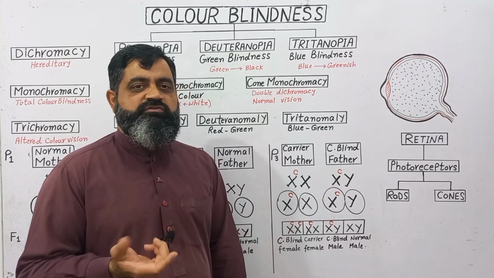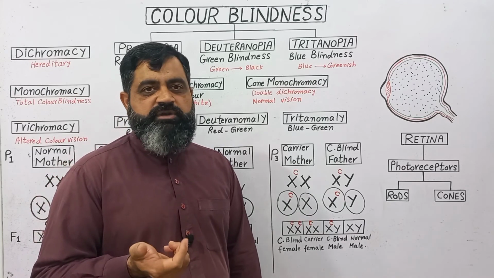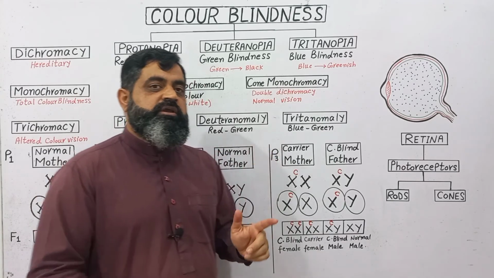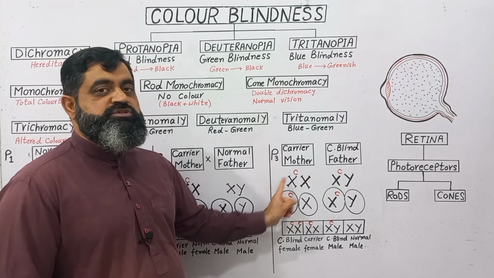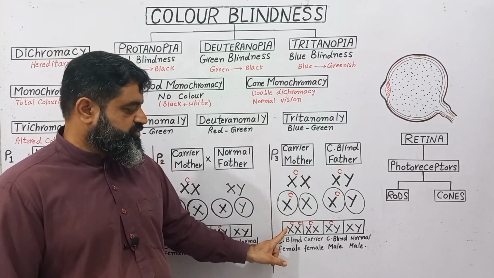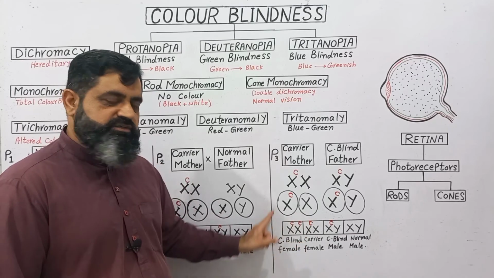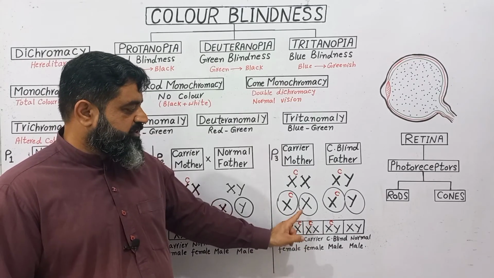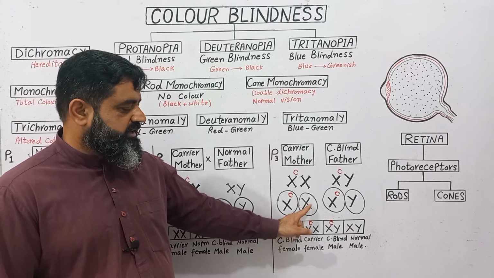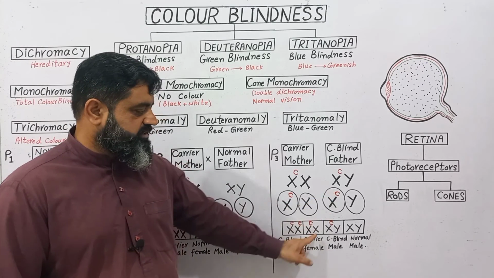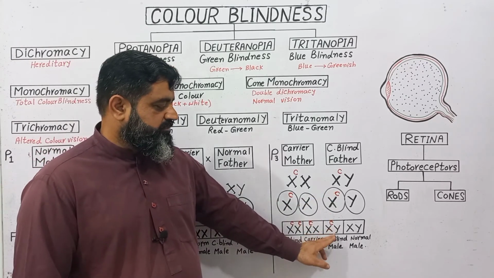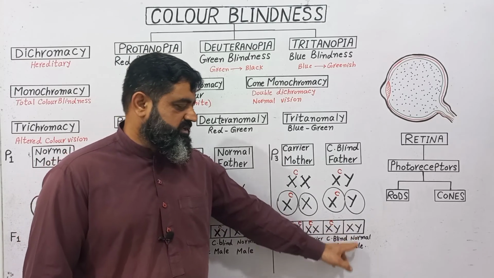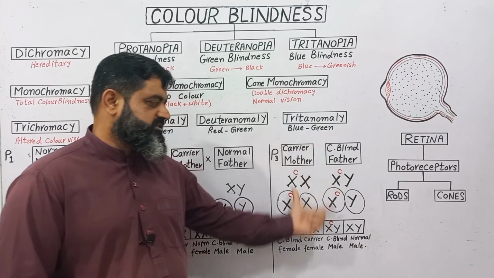If a colorblindness gene is present, they will become colorblind. And for the female, it needs two genes to become colorblind. So now you can understand this genetics. The second daughter is a carrier female because she received the normal gene from the mother and the colorblind gene from the father. In the same way, one son is colorblind and one son is normal, as you can understand from this cross.